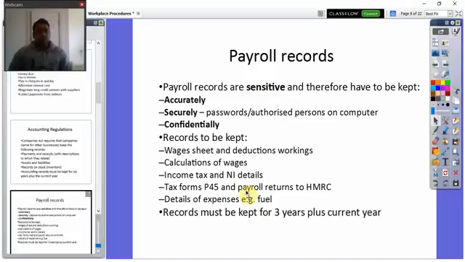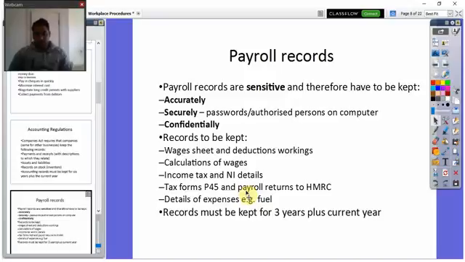Records to be kept: wages sheets and deductions, calculations of wages, income tax and NI details, tax forms P45, payroll returns to HMRC, details of expenses, e.g. fuel. Records must be kept for 3 years plus the current year. A lot of businesses and companies will keep their payroll records for the same amount of time as accounting records.